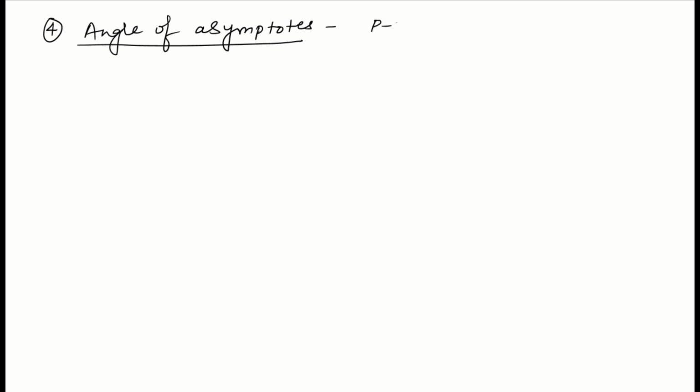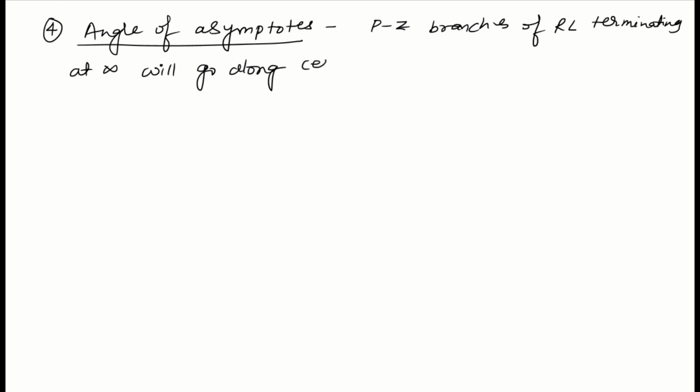We already discussed that there are p minus z branches of root locus which terminate at infinity, and these branches will go along certain straight lines. These lines are known as asymptotes.